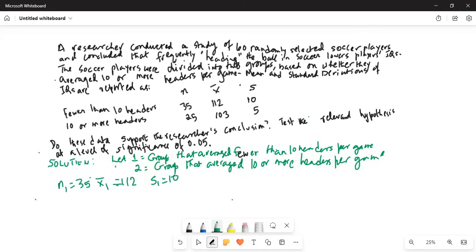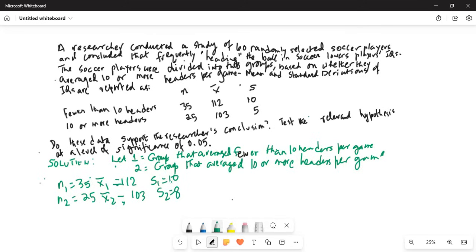Also, the other set of information that we have been given are n2 is equal to 25, x2 bar is equal to 103, and s2 is equal to 8.